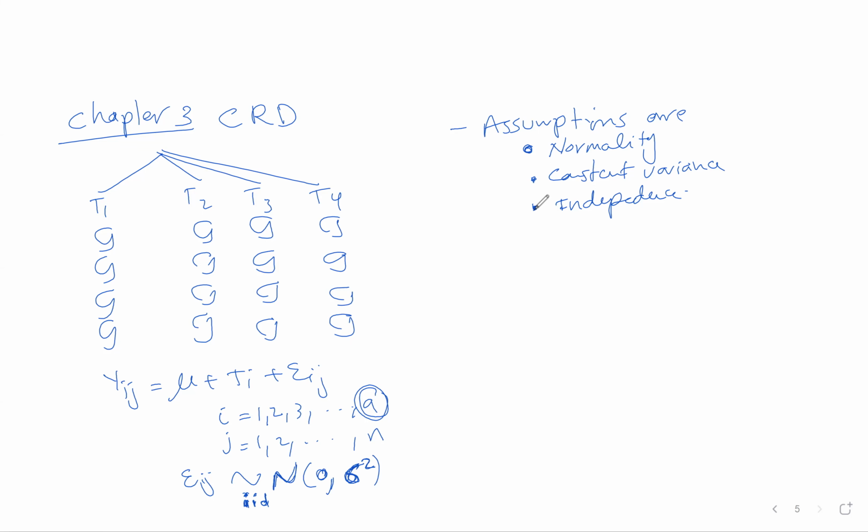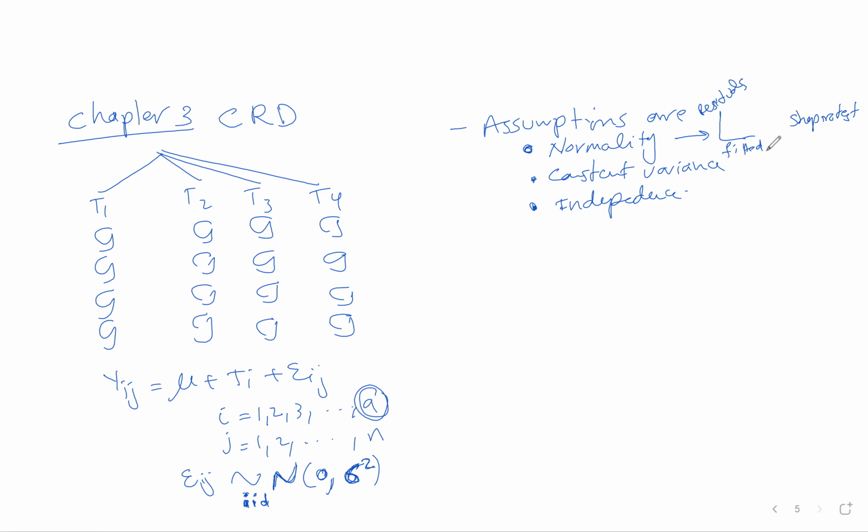How do I test these 3 assumptions? You can look at a graph or you can do a test of hypothesis. For normality, you look at the QQ plot, and I should have the dots making a straight line, or I do the Shapiro test.